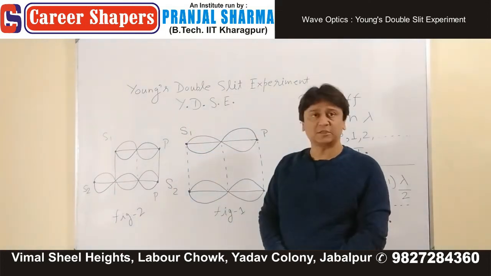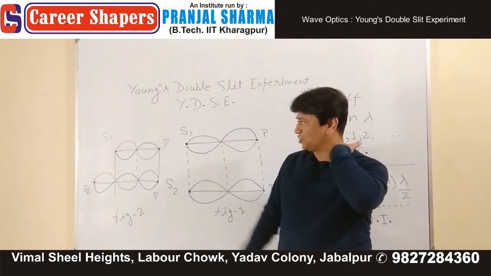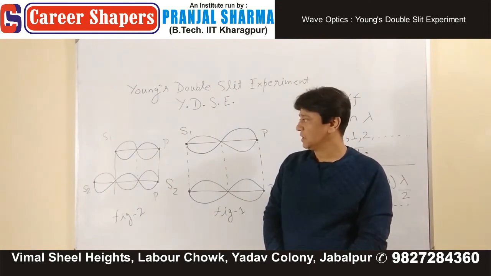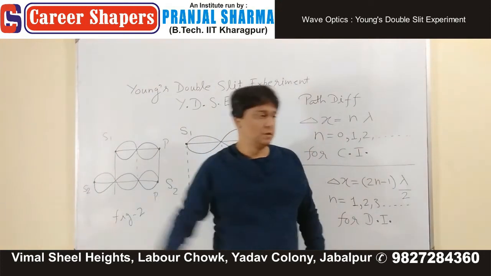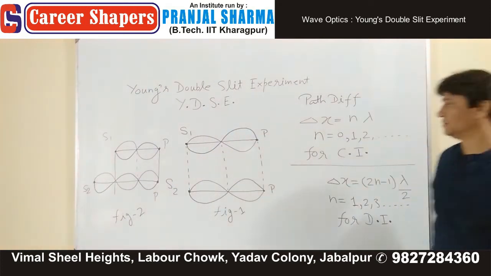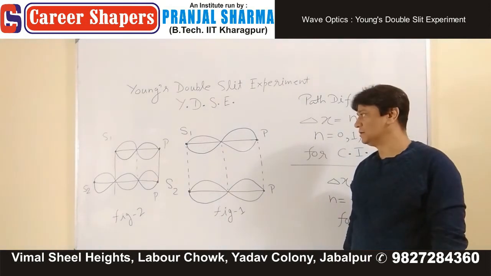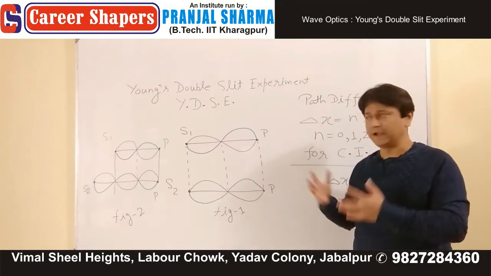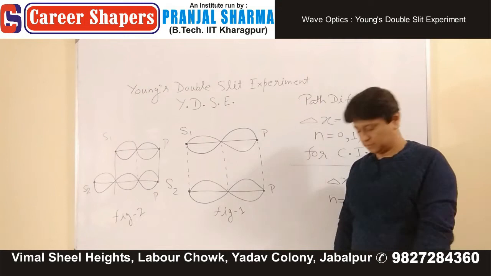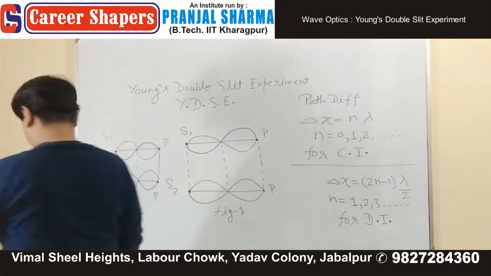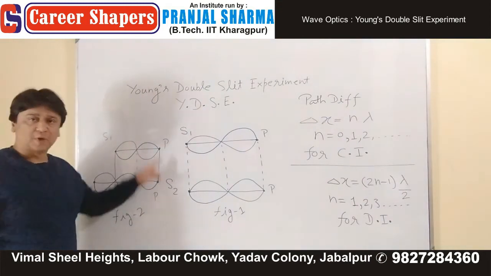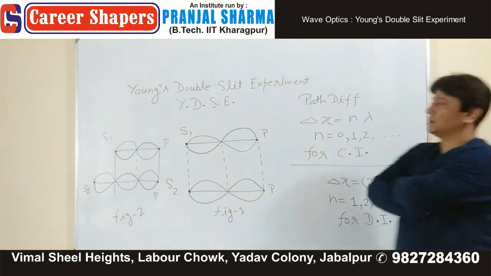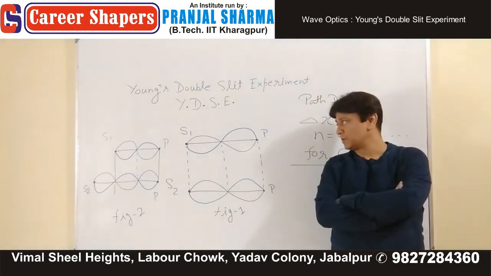But if S1 and S2 send wave pulses independently, then again average brightness will be observed at point P.